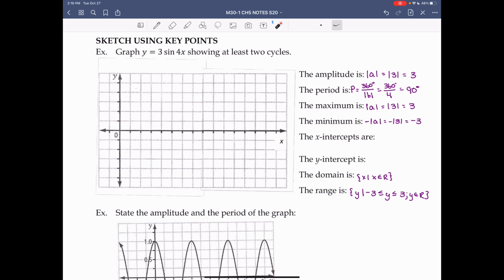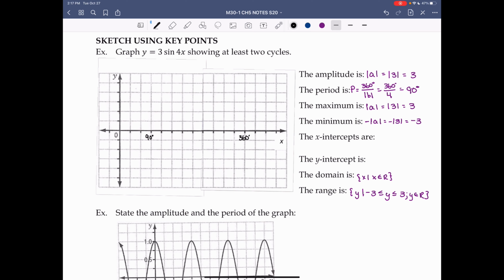Looks like it's the same grid as before, so if I count by 30s: 30, 60, 90, 120, 150, 180, 210, 240, 270, 300, 330, and 360. Then I'm just going to write every third one here. So 30, 60, 90 degrees.